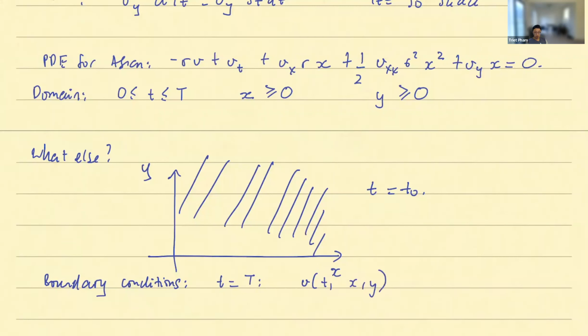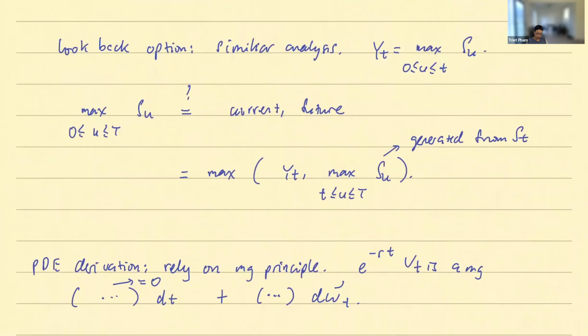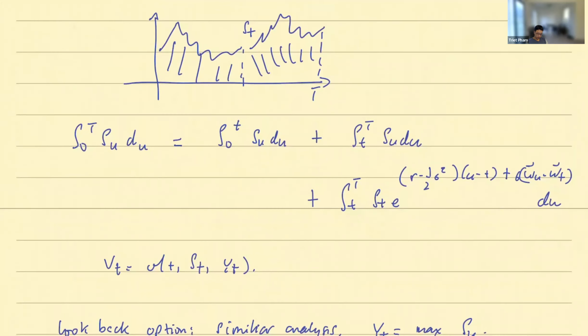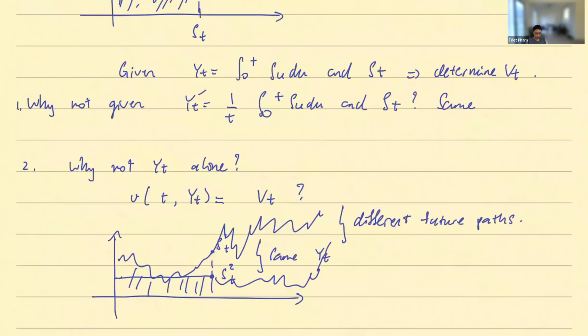And what is this at t equal to big T? Let's say it's an Asian call. If it's an Asian call, like what we've been doing, then what's the boundary condition at big T?